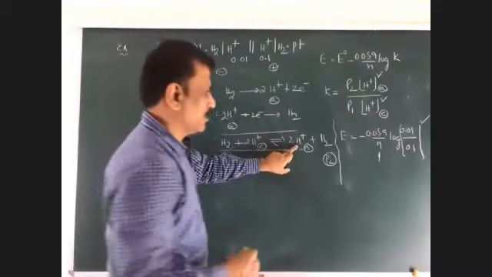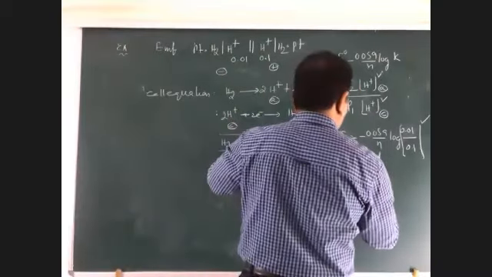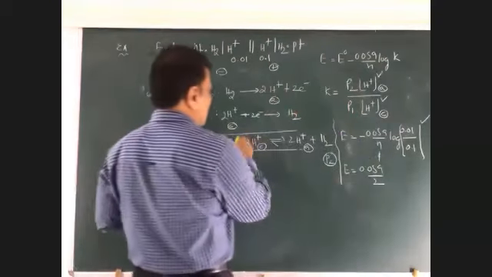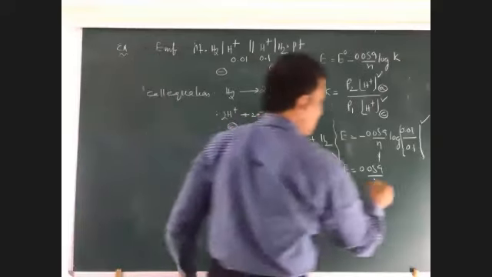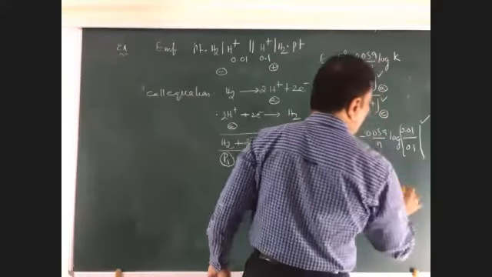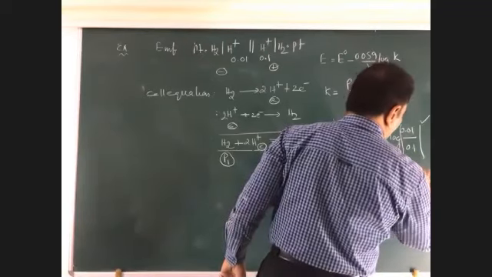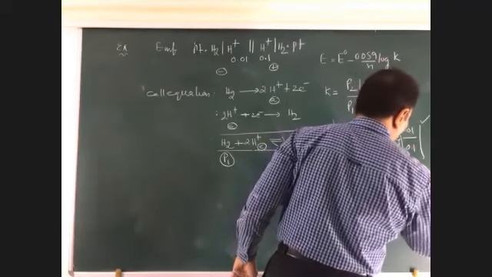Right? Now, which is equal to E is equal to 0.059 by 2, because 2 electrons, into log. This is how much? 0.1 whole square.